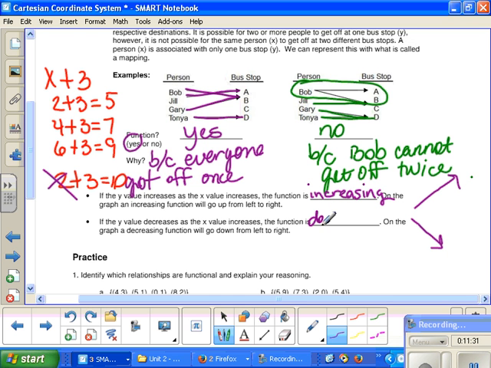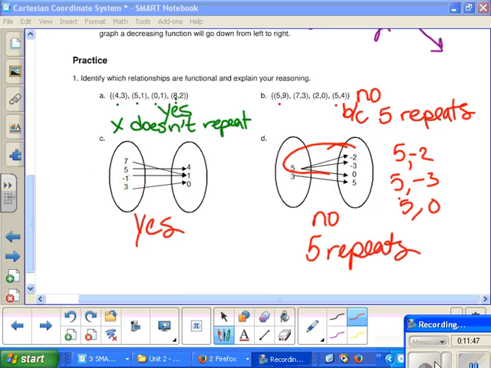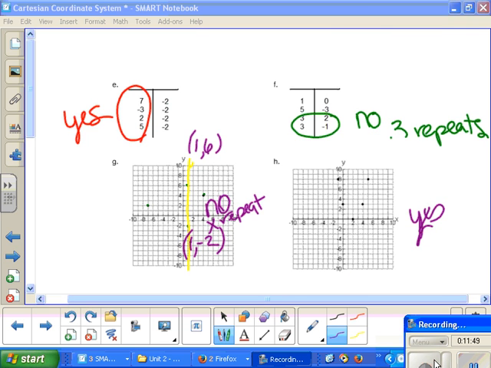Decreasing. We don't usually have a problem with that. What we're going to want to do is identify, is it a function? Is it increasing or decreasing? And is it discrete or continuous? Those are the 3 things that we want to look at. And we're going to do that down here.